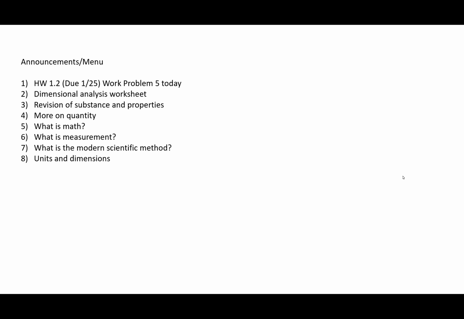Does anyone remember what a substance is? Right, something that can exist by itself. Very good. How about properties? Are there different types of properties that we saw? Or how can you divide them majorly?